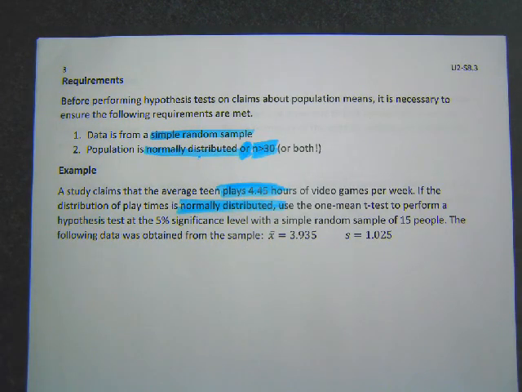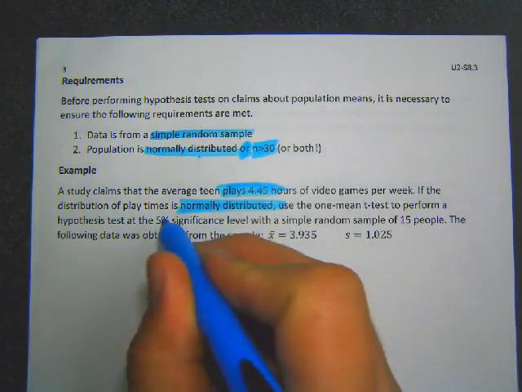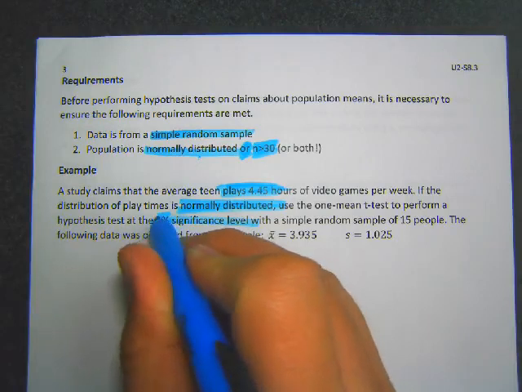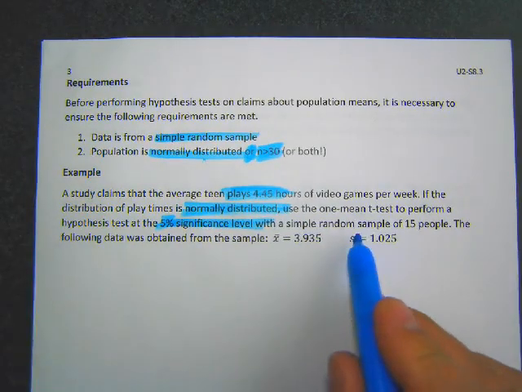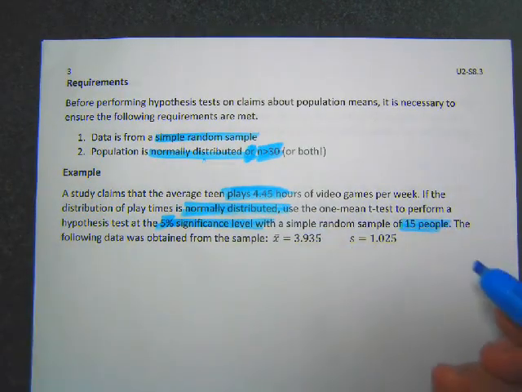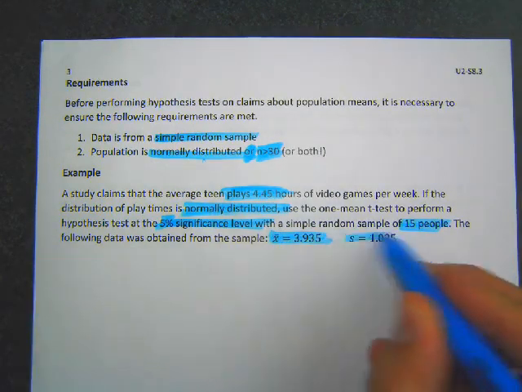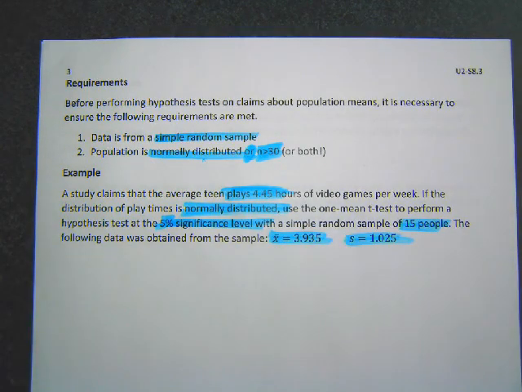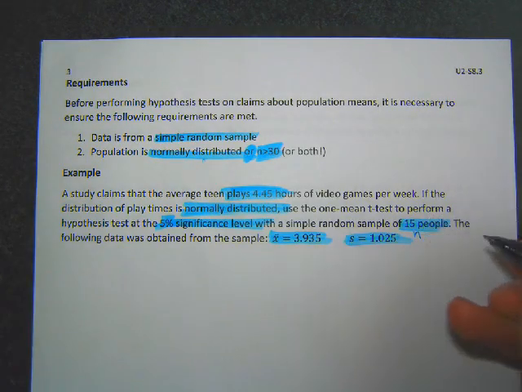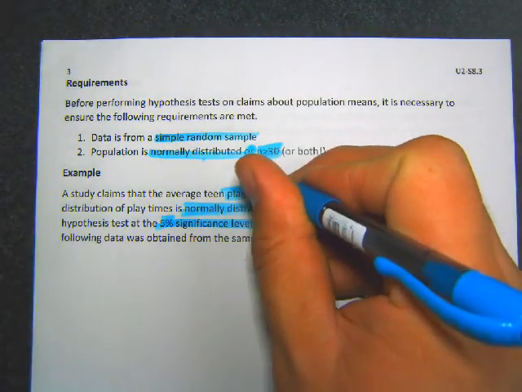Even if it's a small set of data, you're still allowed to go. We want to do a t-test at the 5% significance level, so that's our significance level, with a simple random sample of 15 people, that's going to be our sample size, and from the sample they got a sample mean and a sample standard deviation. So this would be the sample size, this would be our claimed value.